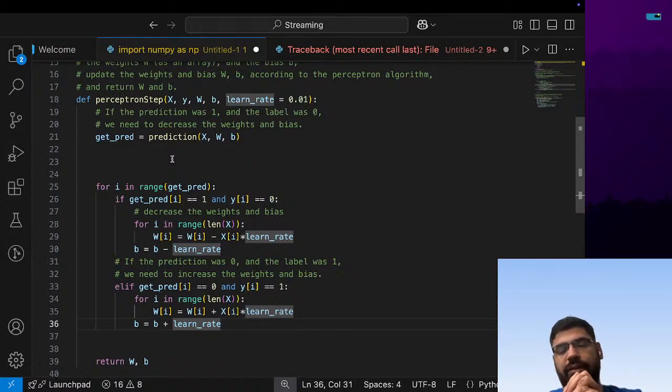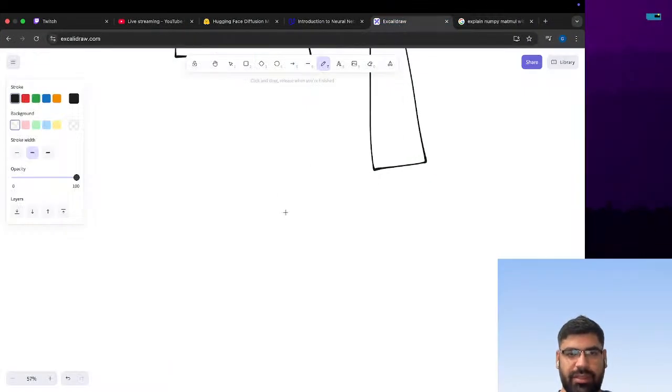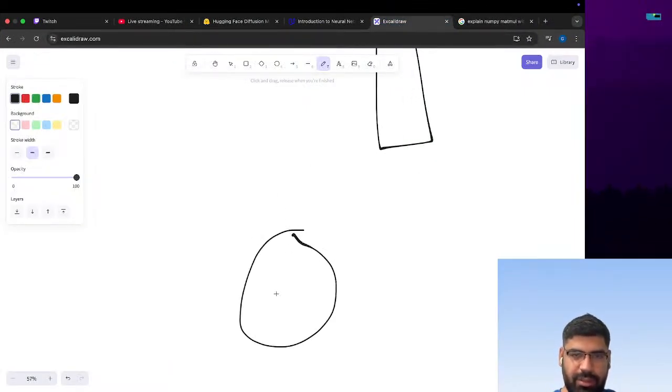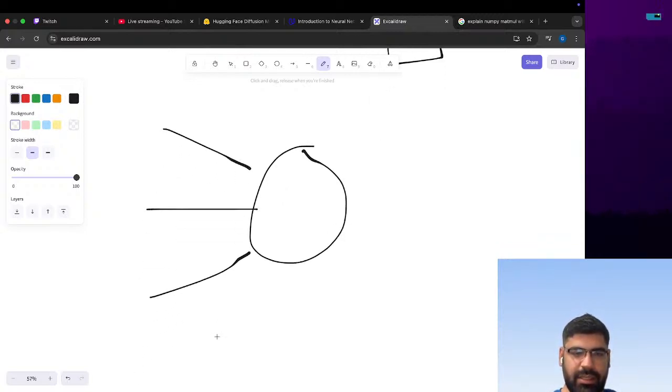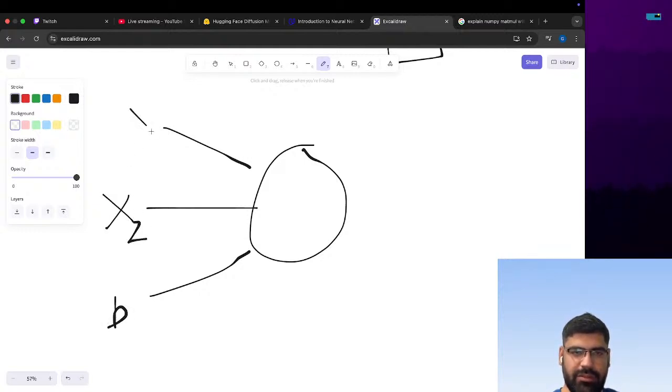I'm getting just one value back, right? Because it's for one point, I'm getting the X array, which is all the coordinates of that one point, and the weights, along with the bias, just like the drawing. This is our perceptron, getting all the X coordinates inside. This is the bias, this is X2 and X1 with W1 and W2.